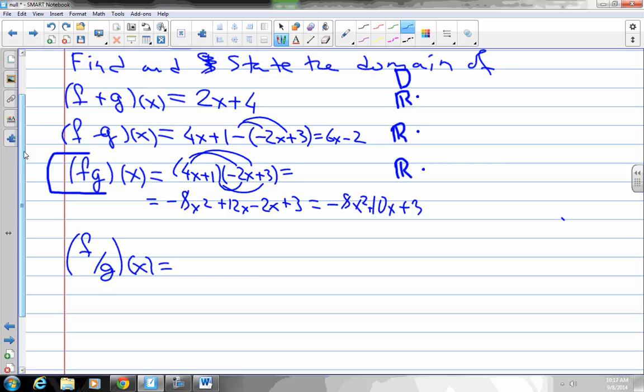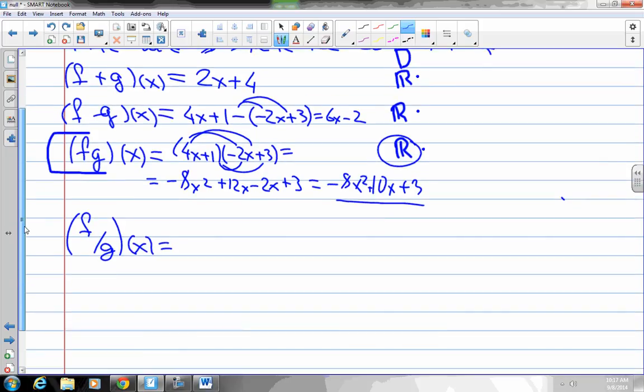Here it is. It's that function with that domain. So fg of x is just some new function. We can classify it as a quadratic function, but we don't need to worry about how to classify it. It's just a function. Domain all real numbers.